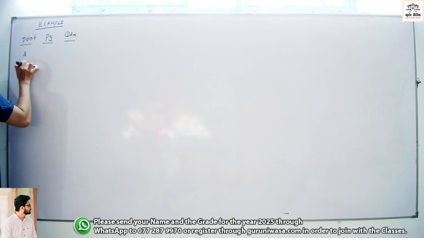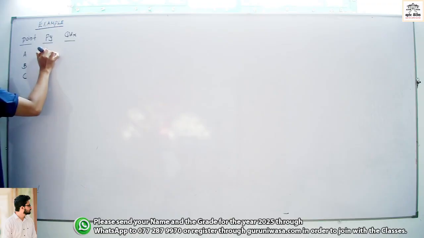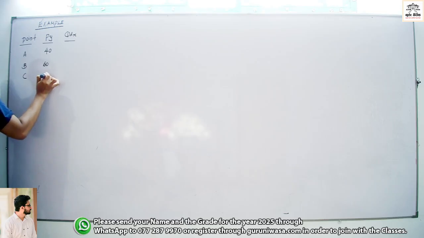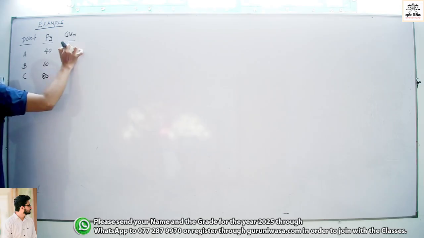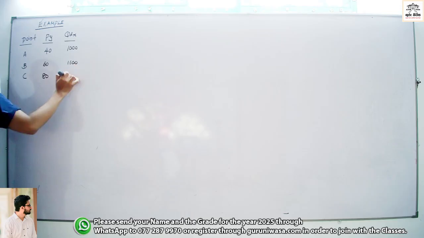Points A, B, C. Prices 40, 60 and 80. QDX 1000, 1100, 1000.